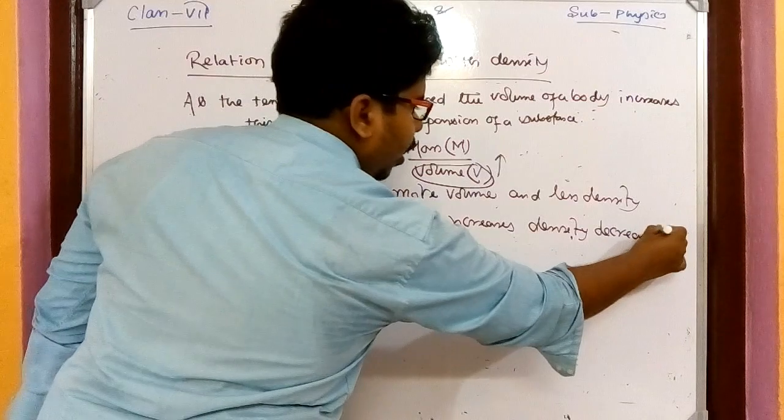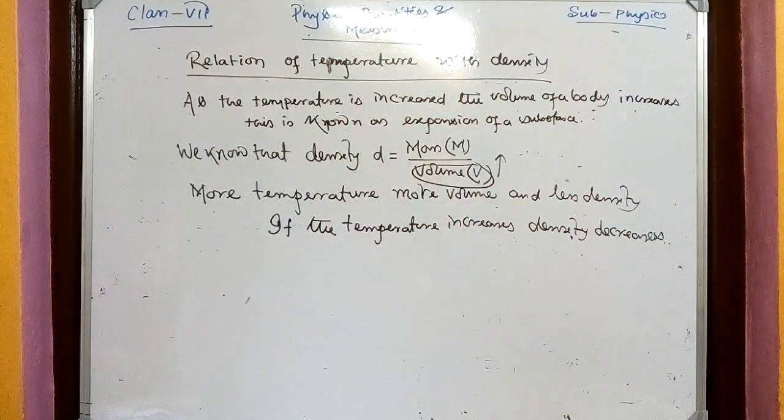I'm just telling it step by step. As the temperature increases, the volume will increase. As the volume increases, density will decrease. So it is the relation of temperature with density.